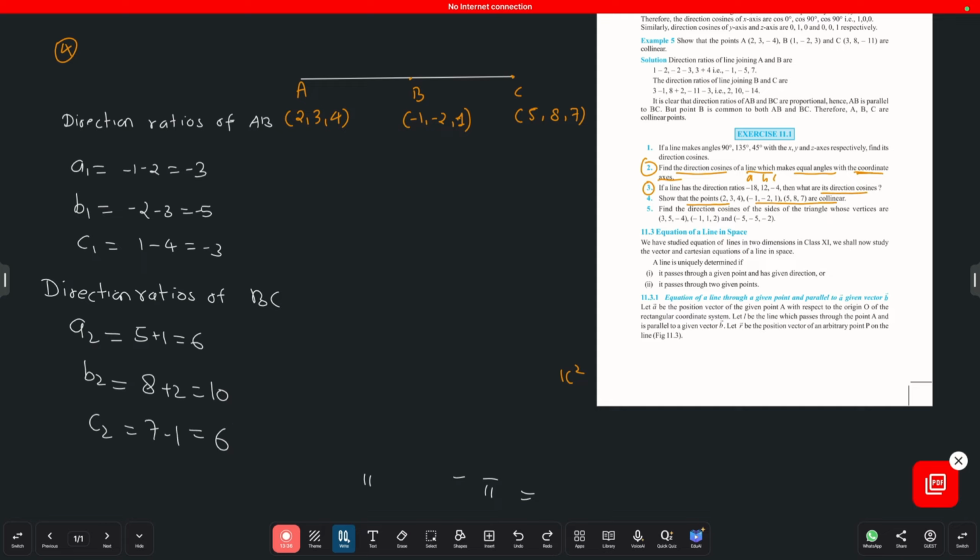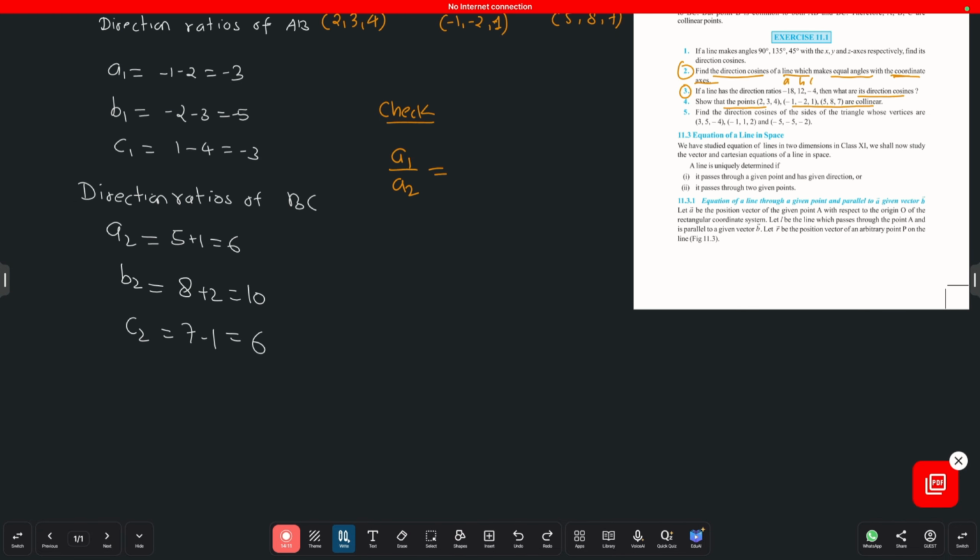If A1, B1, C1 and A2, B2, C2 are in the same proportion, I will check A1 upon A2, then B1 upon B2, and then C1 upon C2.